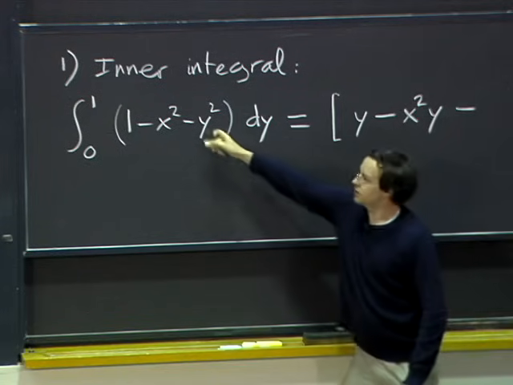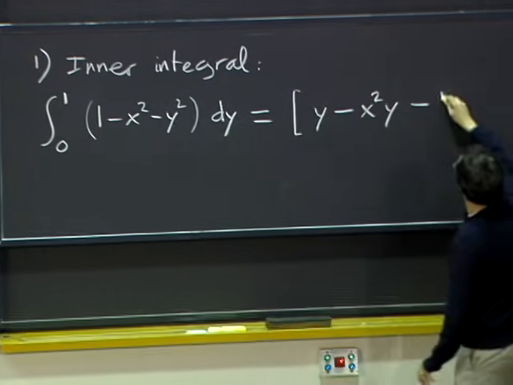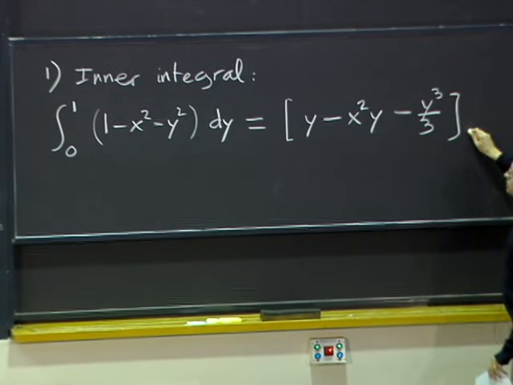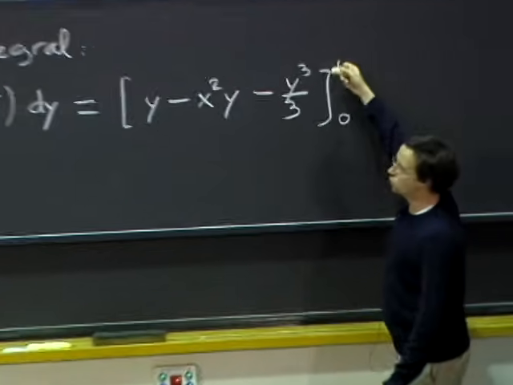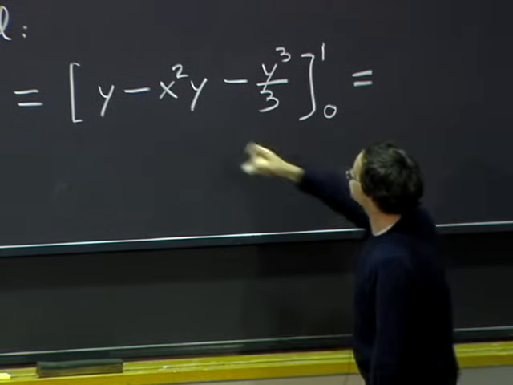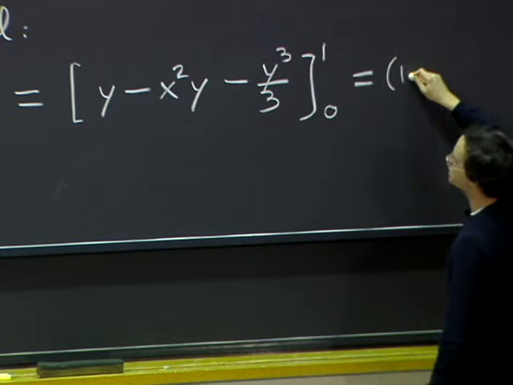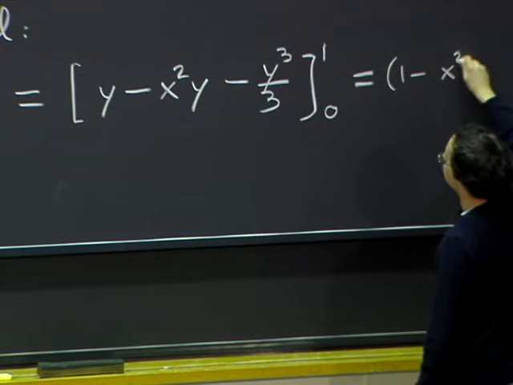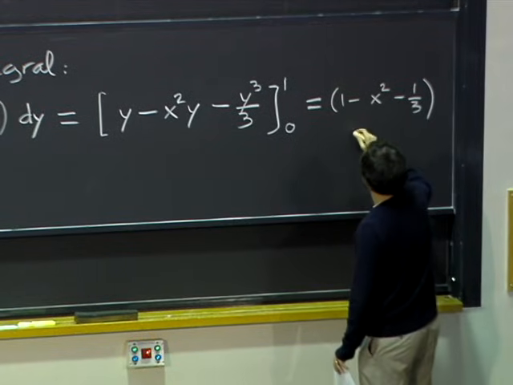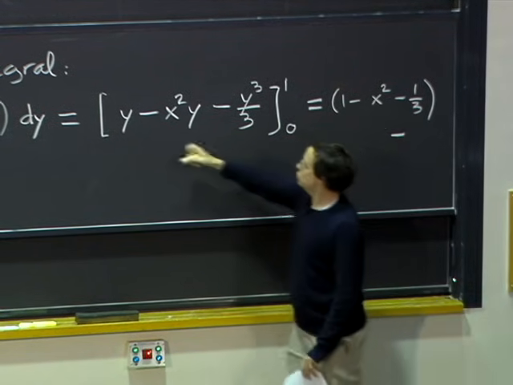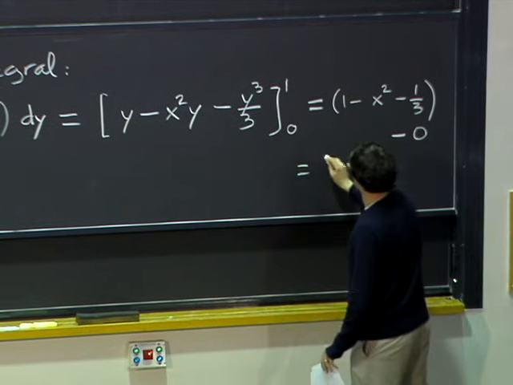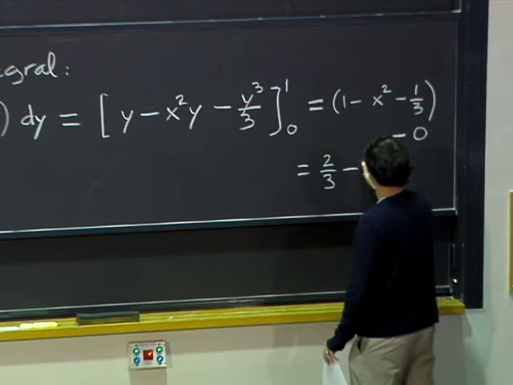And the integral of y squared is y cubed over 3. Then we plug in the bounds, 0 and 1. When you plug in y equals 1, you get 1 minus x squared minus 1/3, minus, for y equals 0, you get 0. So nothing changes. You're left with 2/3 minus x squared.